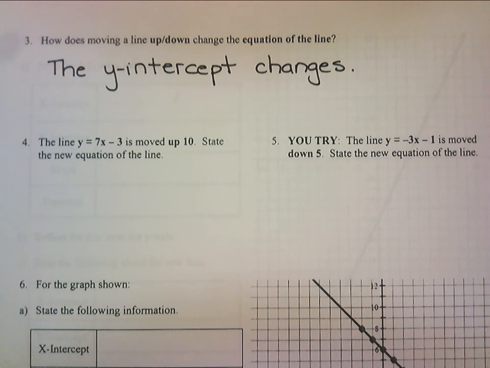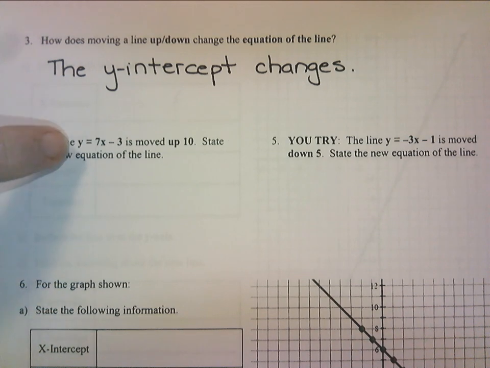So we have two questions, one that we are going to do together, and then one that you are going to try on your own. It says, the line y equals 7x minus 3 is moved up 10. State the new equation of the line. We just said that it's the y-intercept that is going to change.